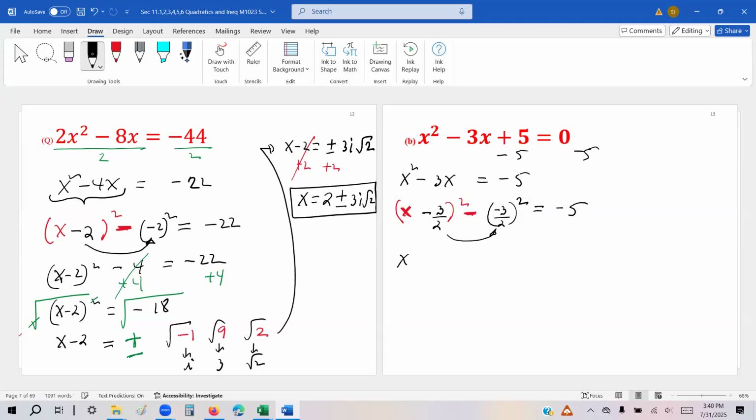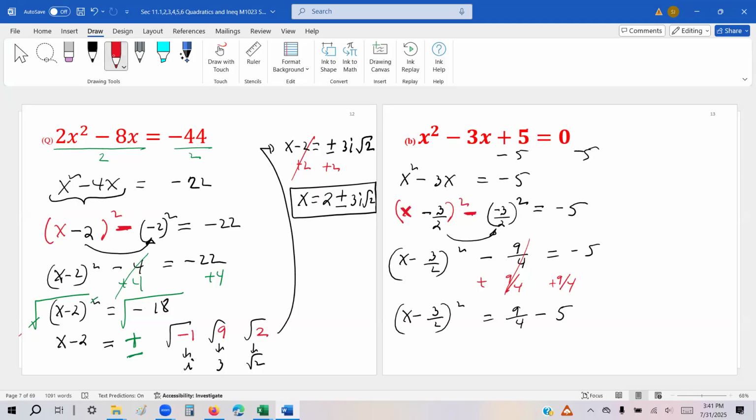In other words, we have this minus 9/4. So we add 9/4 to both sides. We get x minus 3/2 squared equals 9/4 minus 5. We need the LCD, so we multiply top and bottom. That tells us we have 9 minus 20 over 4, which is negative 11 over 4.